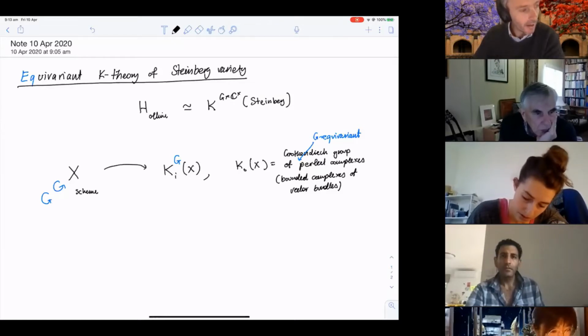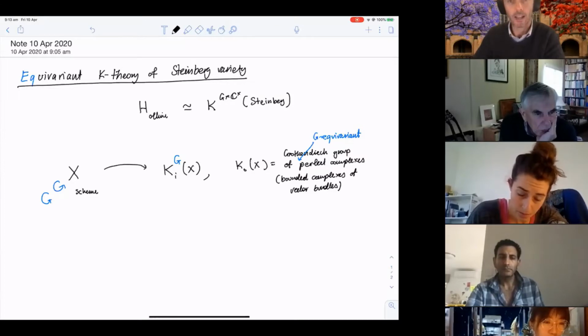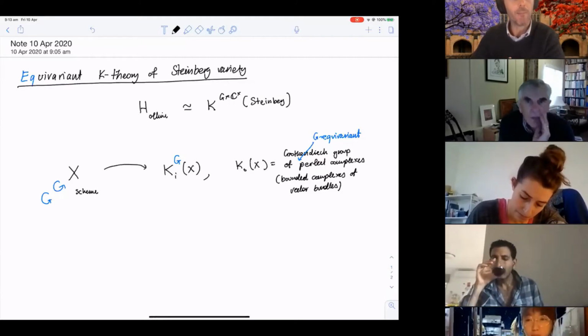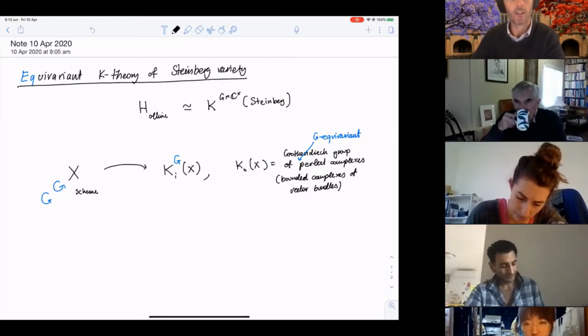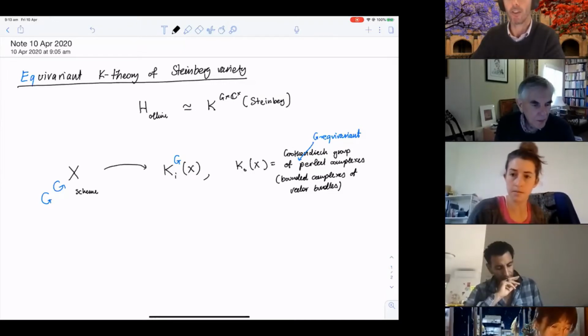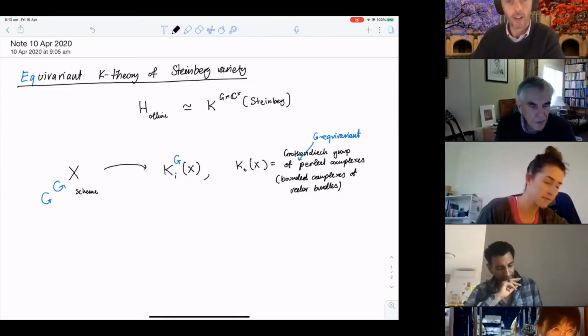You can think about topological K theory as being something a bit like cohomology, but sometimes more geometric, more directly related to questions in geometry, though it still has a flavor of cohomology.